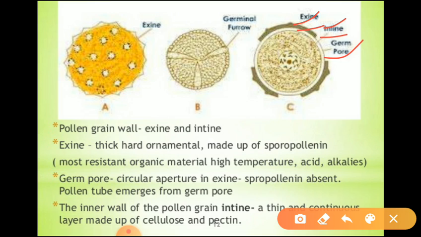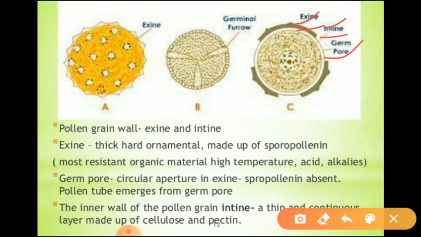These are the two walls of the pollen grain, whereas exine is the hard, thick ornamental wall and intine is the thin wall of the pollen grain. Okay. What is exine? It is the thick, hard ornamental wall, whereas intine is the thin wall of the pollen grain.